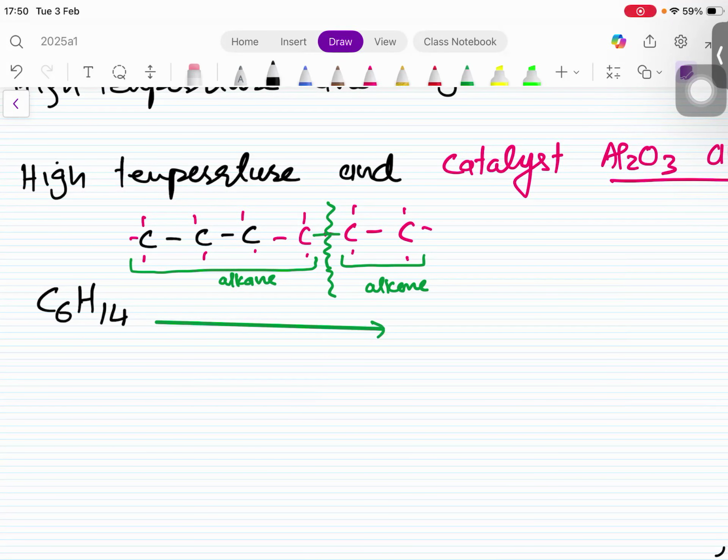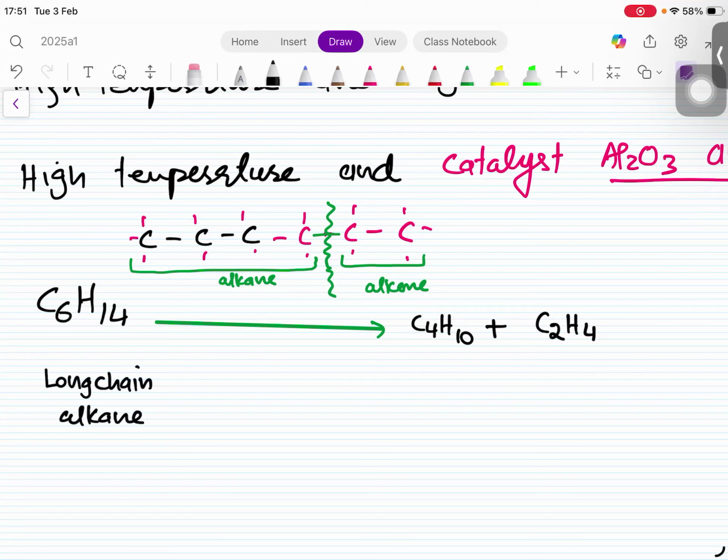Let's say if one is C4, if it is an alkane, how many hydrogens? With 4 carbons, 2n plus 2, how many will it be? 10. Plus the C2 one, if it is an alkene, how many hydrogens? C2H4. So this is how you can crack. When a long chain alkane cracks, there is a short alkane with what?